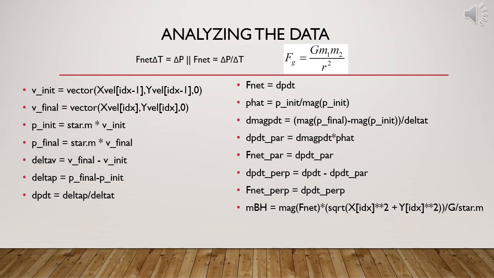Then we can find the components of this net force by using the definitions of parallel and perpendicular force. However, this step is not necessary to find the mass of the black hole. By rewriting the force of gravity formula to find the mass of the black hole, we can plug in known values and find the mass. Because our value of dp dt is an approximation, the found mass will fluctuate during the experiment.